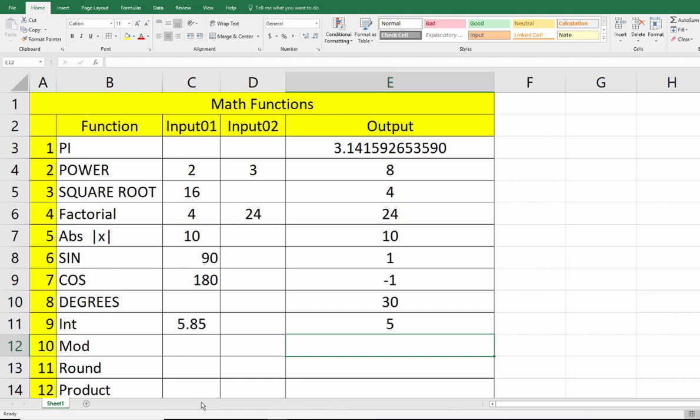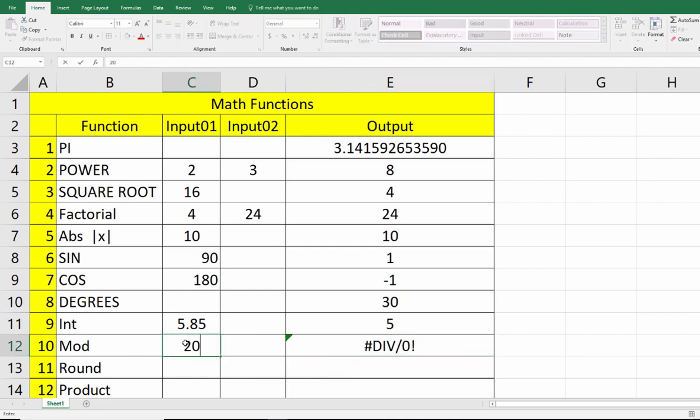Let's continue with MOD. I'm going to write MOD. The modulus gives us the remainder of dividing a number by a divisor. I'm going to select the first input for the number, comma, and the divisor will be the second input, and press enter.